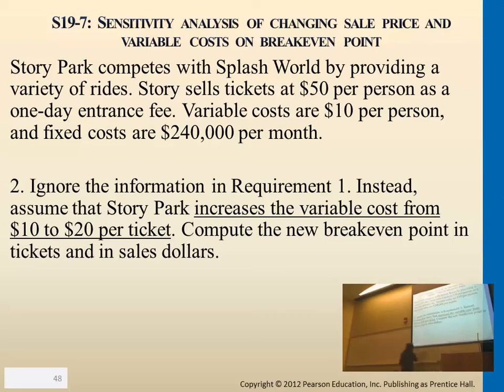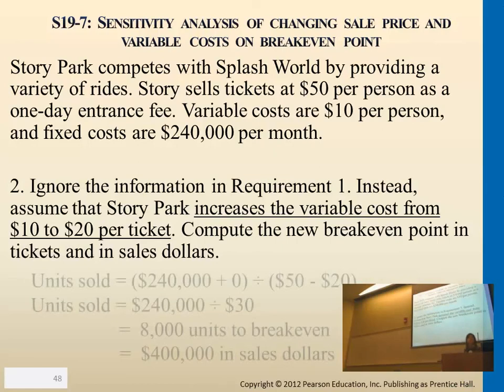So you will calculate this using the new contribution margin, which is 50 minus the new variable cost of 20. So it's 30 here, and we divide it into the same fixed cost, 240,000. It gives you the same units as before, 8,000 units, and then you multiply that by the $50 per ticket sales.